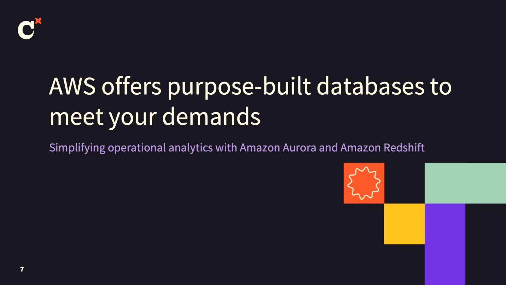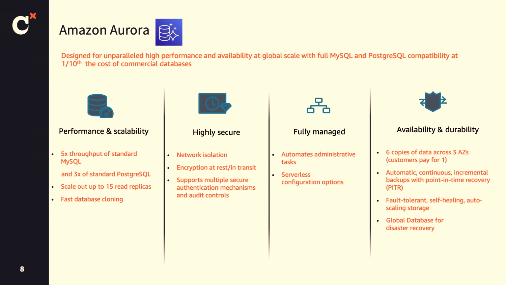On the AWS side, our main goal is to offer purpose-built databases, both on the operational side as well as on the analytics side. Many of you might be familiar with Aurora, which is a relational transactional database service.